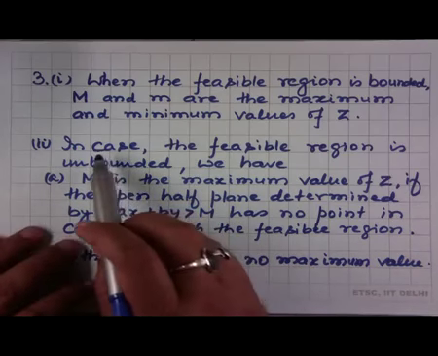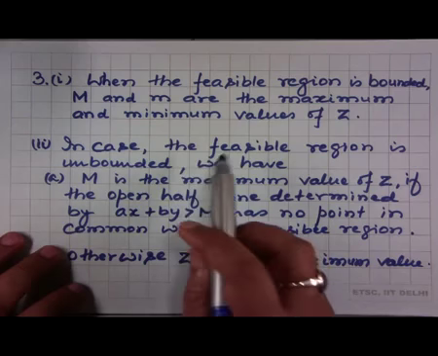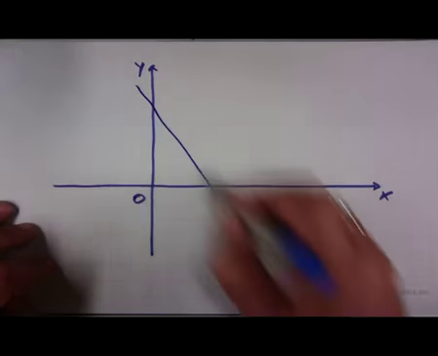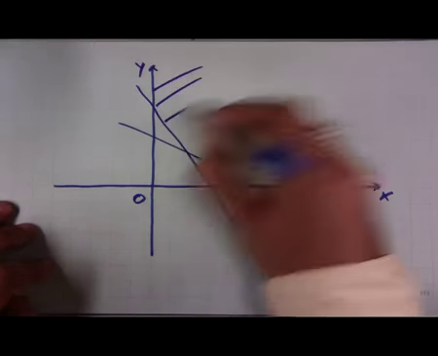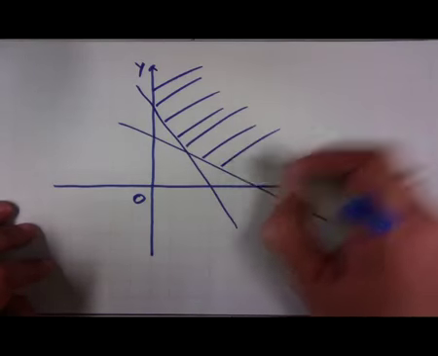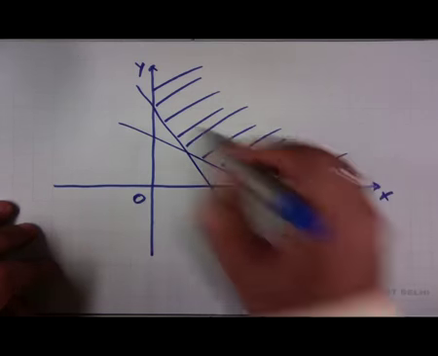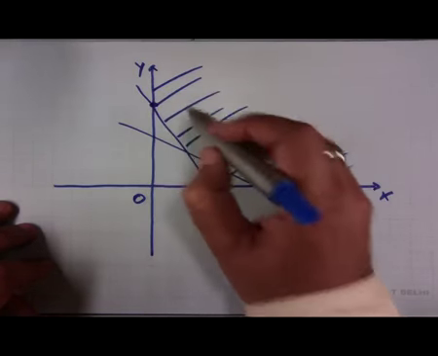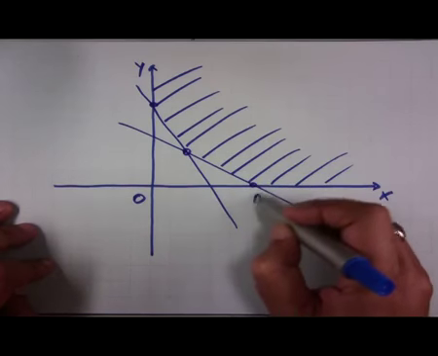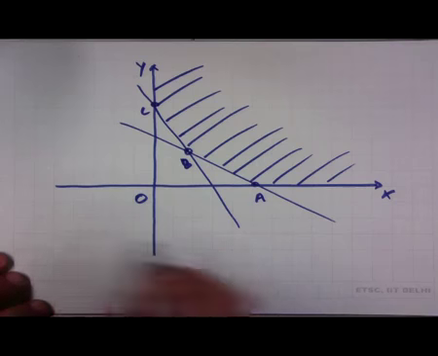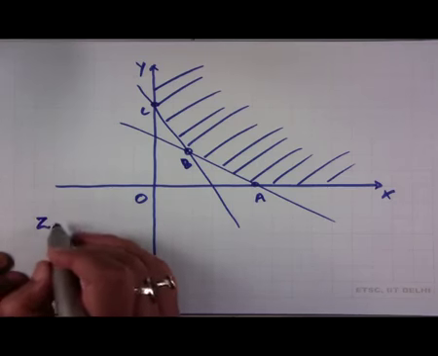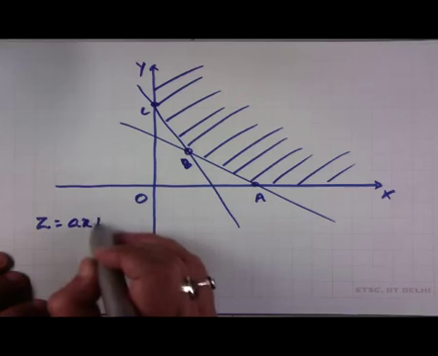And in case the feasible region is unbounded, say the region is unbounded, then the corner points of this region are A, B, C, and say the value of z equal to Ax plus By.